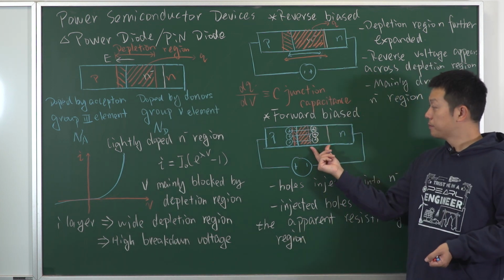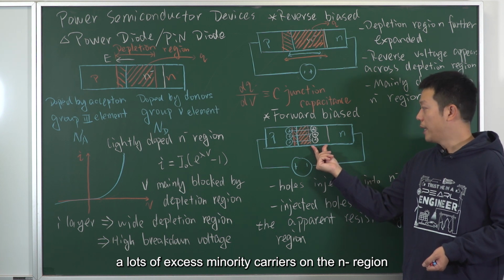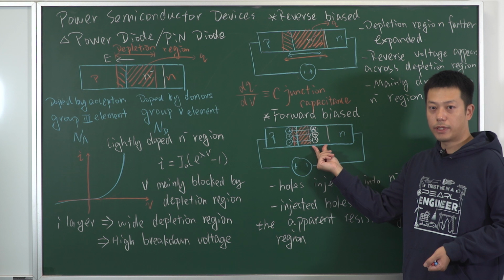So there will be a lot of excess minority carriers in the N minus region.